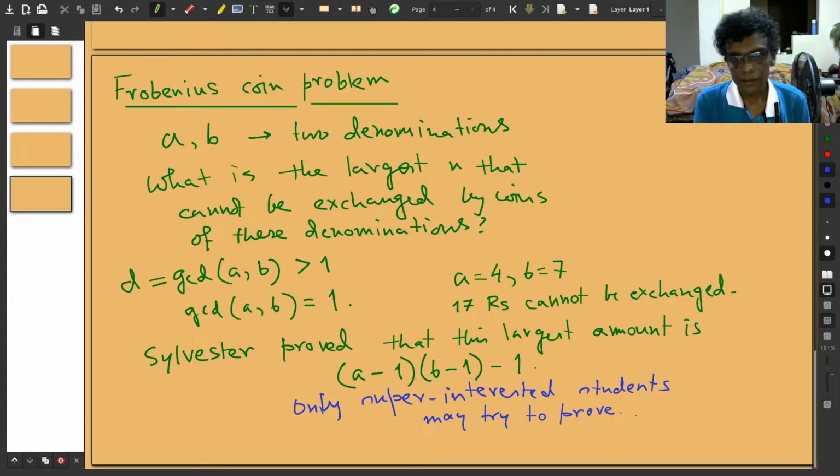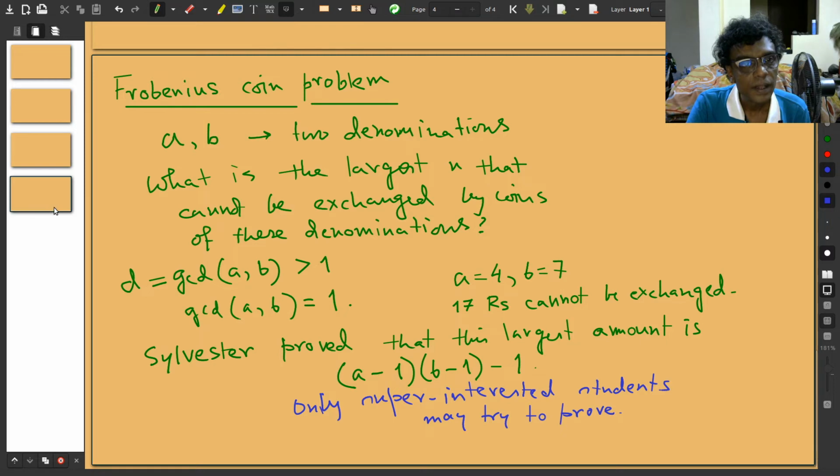In any case, because we have considered a special case of this Frobenius coin problem, I think it is good that we introduce the problem itself. Okay. Again, when you want to prove this, if you are super serious or super inquisitive, maybe we think about other things. Induction will perhaps not help. I am not completely sure.